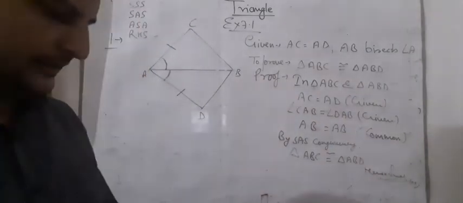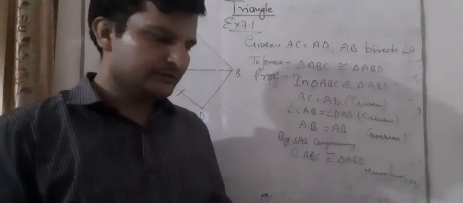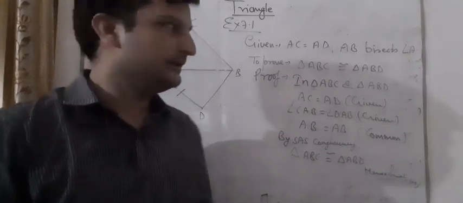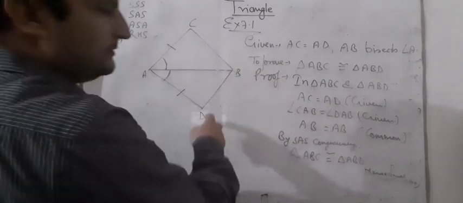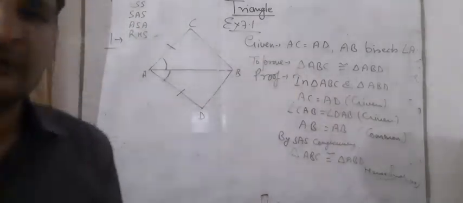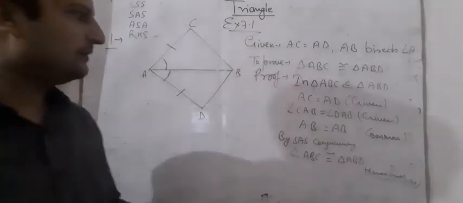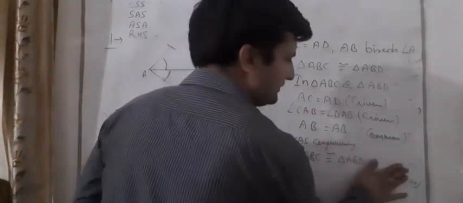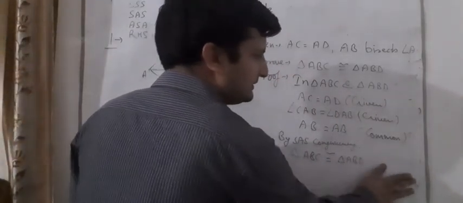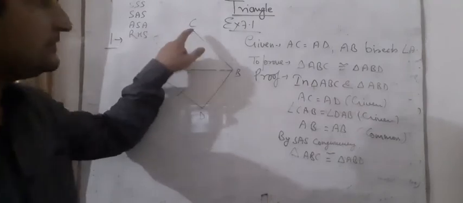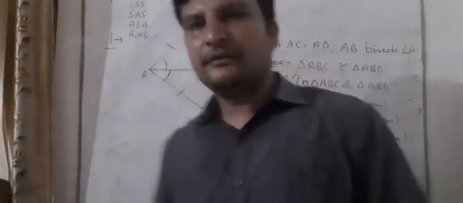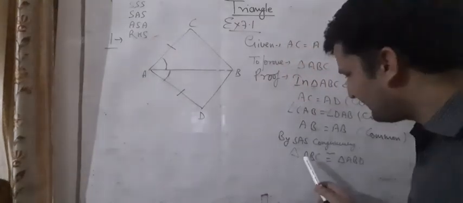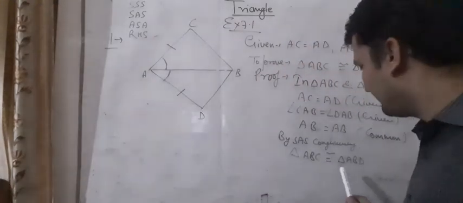And one thing is that, what can you say about BC and BD? It is written, what can you say about BC and BD? Now students, look, one thing we have to do also, it is not hence proved. This one we have done, this is hence proved. What can you say about BC and BD? Look here, we have proved triangle ABC is congruent to triangle ABD.